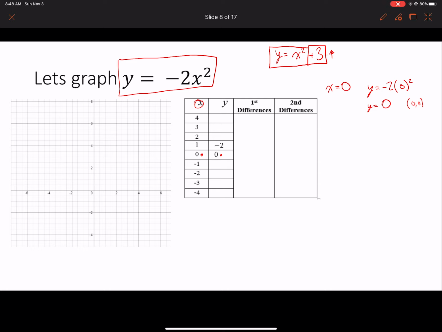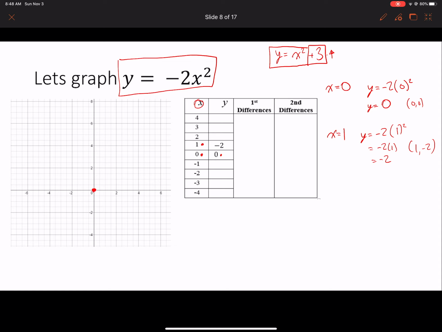Well, when my x value is 1, y is actually equal to -2 times 1 squared. Well, that's equal to -2 times 1, which is equal to -2. So my next point will be 1, -2. My first point was 0, 0.